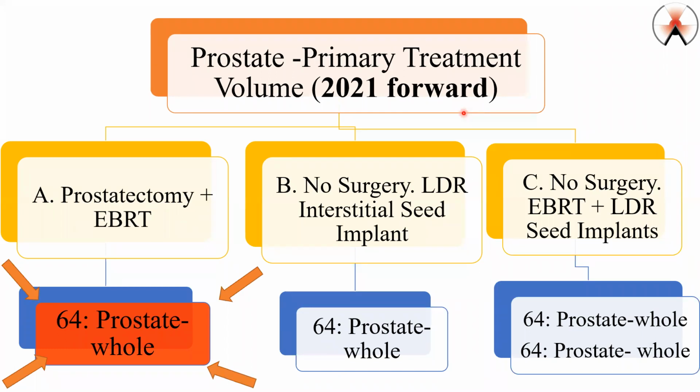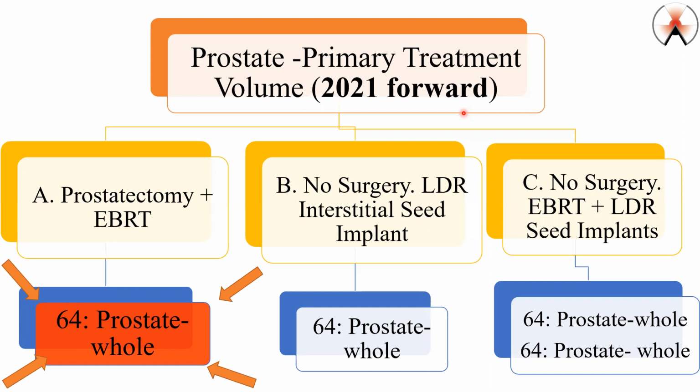In our discussions in revising the STORM manual and the CTR guide, for simplicity's sake, we decided, let's just, even if the primary organ was resected, use the same code for primary treatment volume 2021 forward.